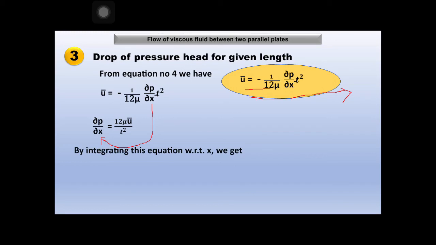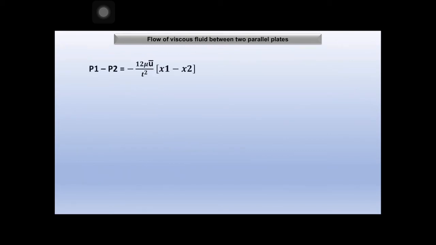We need to integrate this equation with respect to x, in the limits 1 to 2. Here you can see the integration equation, and we integrate it between the limits 1 to 2. This equation will become p1 minus p2 equal to minus 12 mu u bar by t square in the square bracket x1 minus x2. p1 minus p2 is nothing but the pressure drop while the fluid is moving from section 1 to section 2.